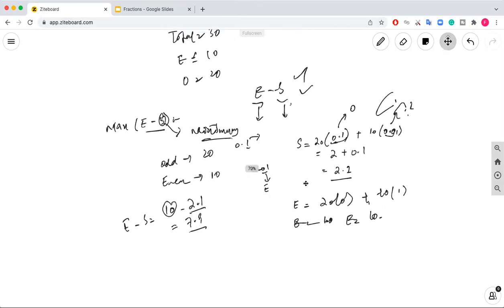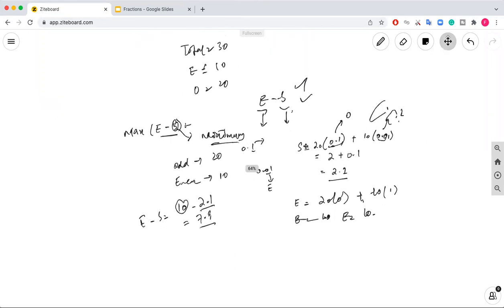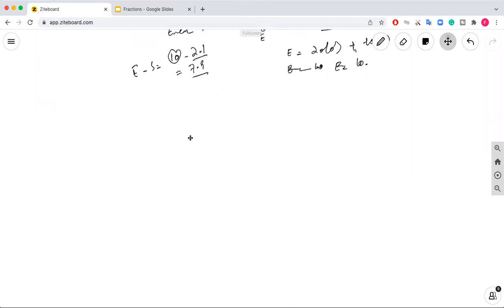So what will be the case for the minimum one? How can we come up with a minimum value for E minus S? When we have a maximum value for S, because this is a minus sign. If S is greater, the result of E minus S will be less.